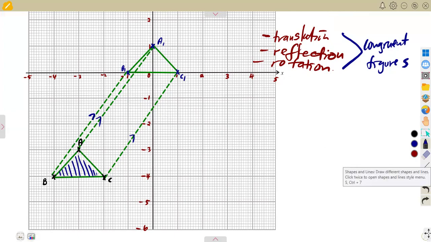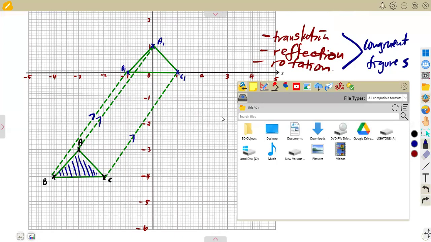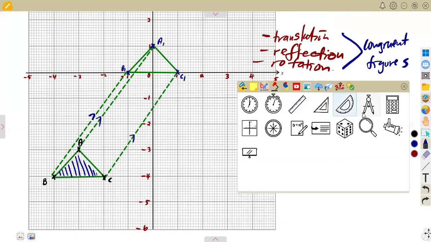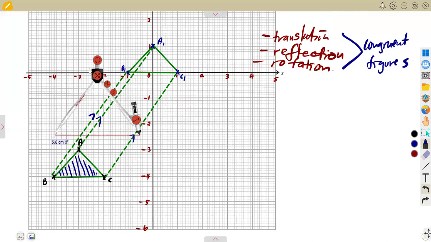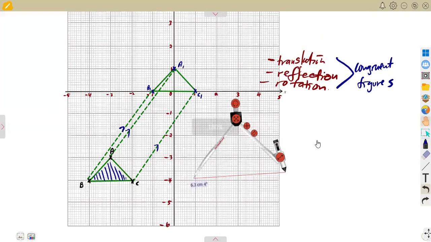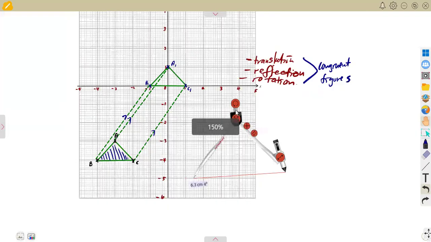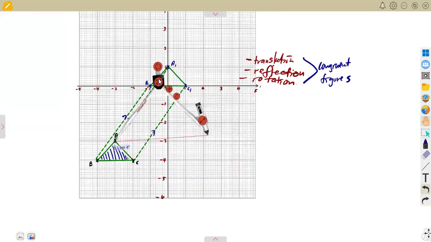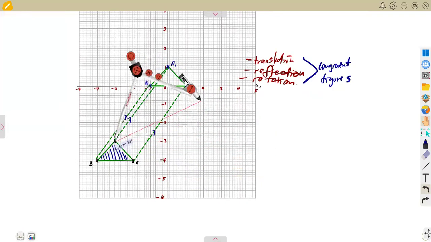Or, as I said, you can just use your divider to check also. So in this case, I just have this one. I open a certain size regarding the diagram, from point A to point A1 like this.